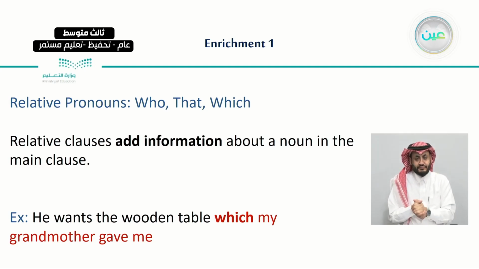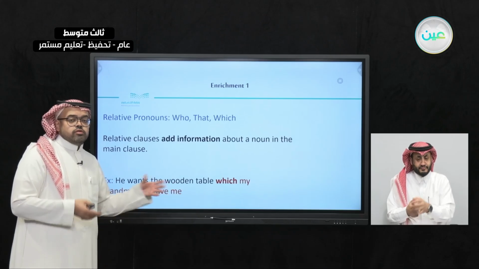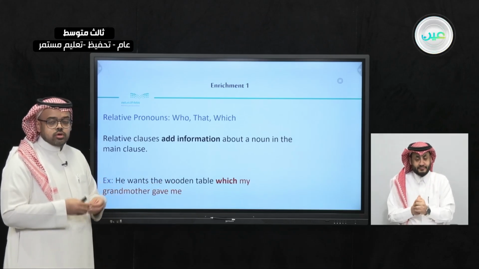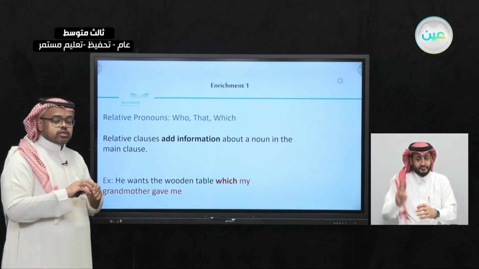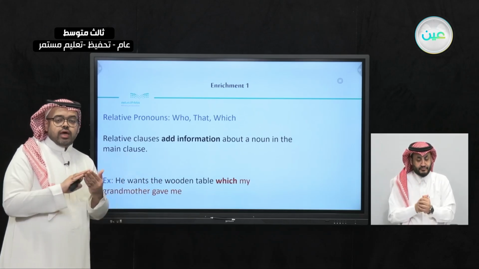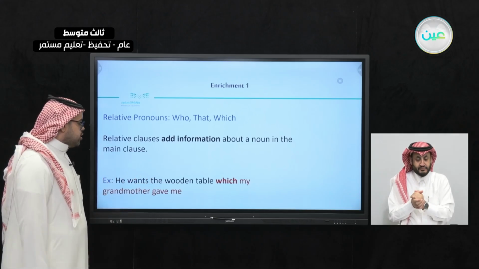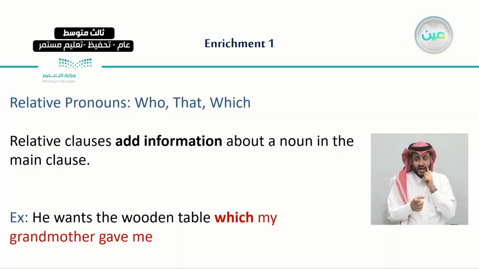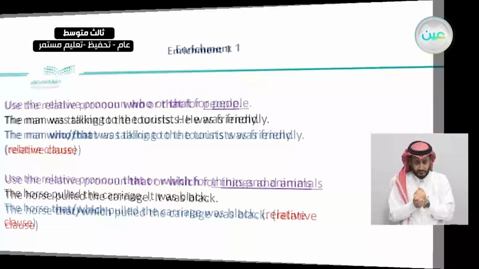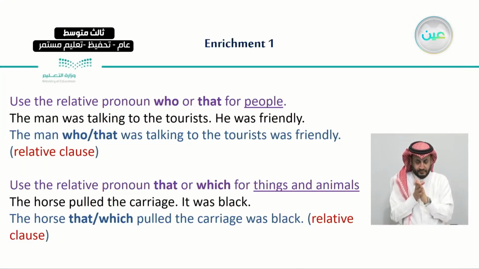The information that we would like to add here is on the word table. So here we need to use a word that matches the noun and the extra information that we are about to use. So here we would say, which my grandmother gave me. So this was the function of these relative clauses.